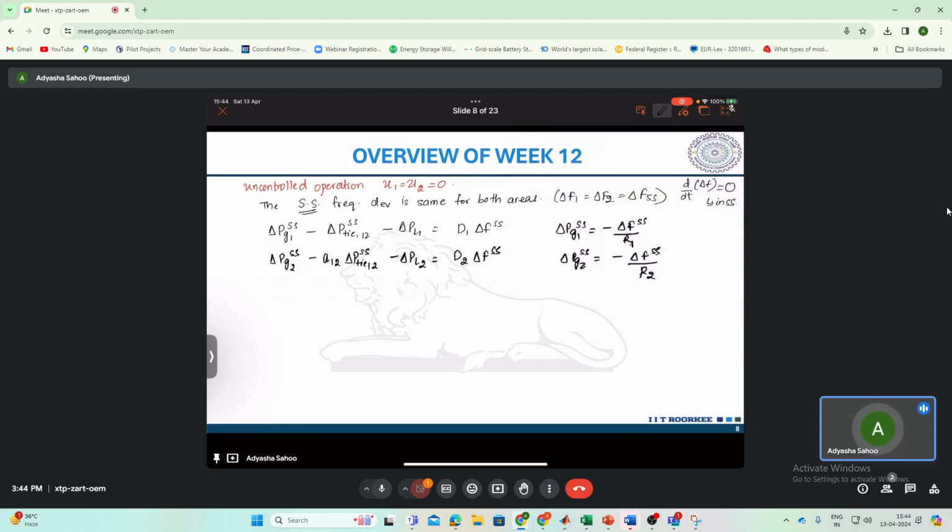If I substitute those values in equations 1 and 2, and additionally multiply equation 1 with a12, what I'll get is minus delta f SS by R1 minus a12 delta P tie 12 SS minus a12 delta PL1 equal to D1 a12 delta f SS, and the second equation as it is.